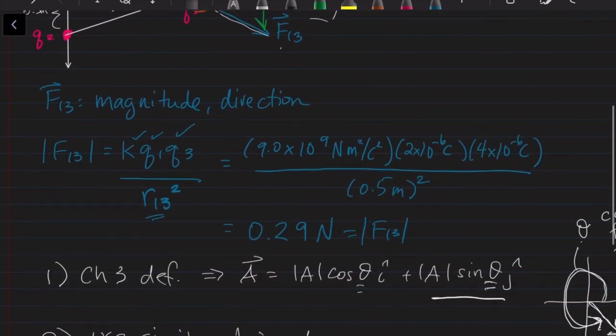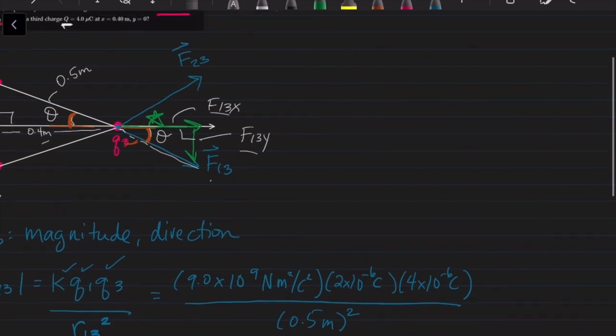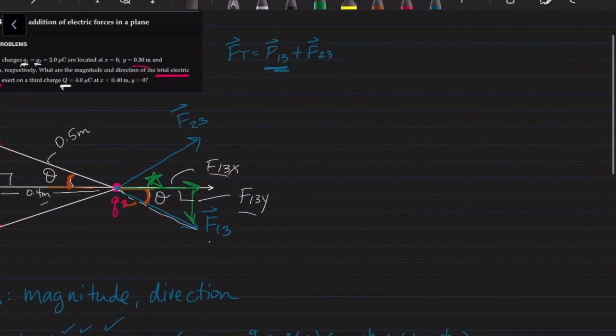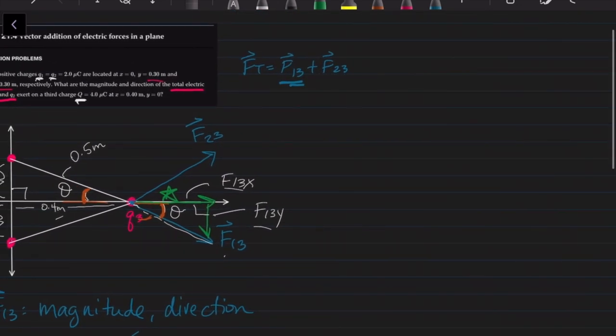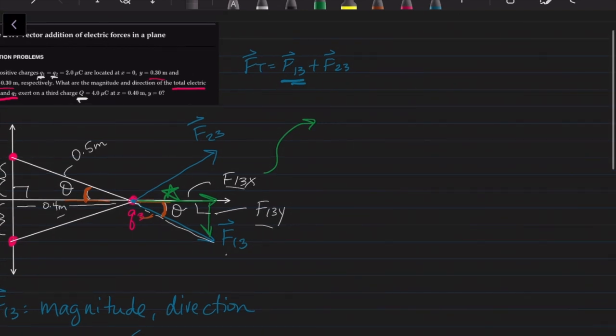I'm going to work over here so that we can have that picture still next to us. F13x: if this is a right triangle, F13x is on the adjacent side, and the F13 magnitude is the hypotenuse.